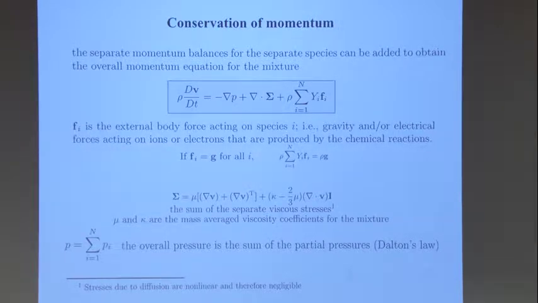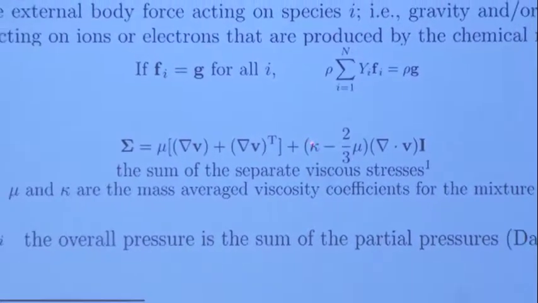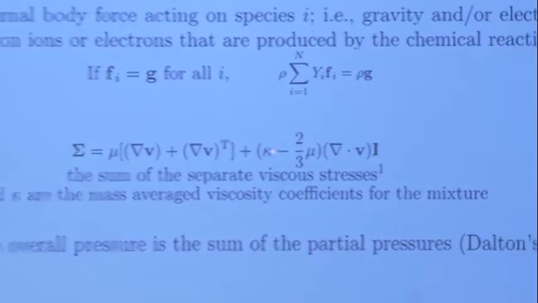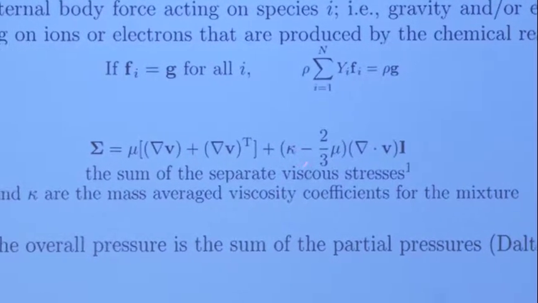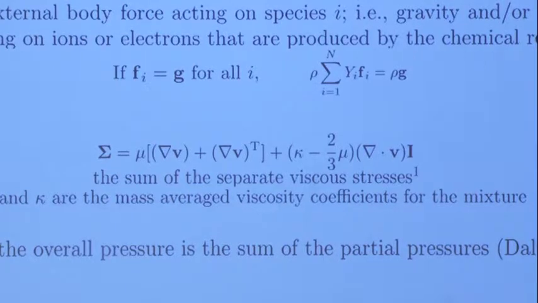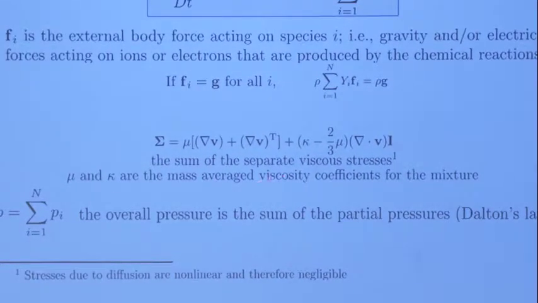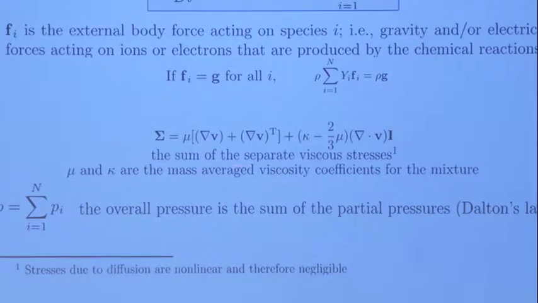In other words, it's the shear viscosity of the mixture, not of every species, right? Similarly, for the bulk viscosity there are kappa i, and the summation will give you a kappa. I don't pay too much attention to this because we're going to cancel it later. It's typically 0, and so we usually neglect it. But anyway, mu and kappa are mass average viscosity coefficients.